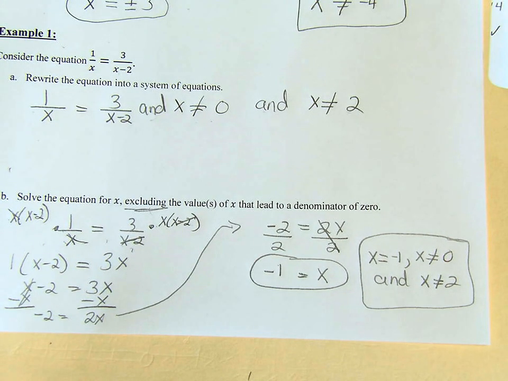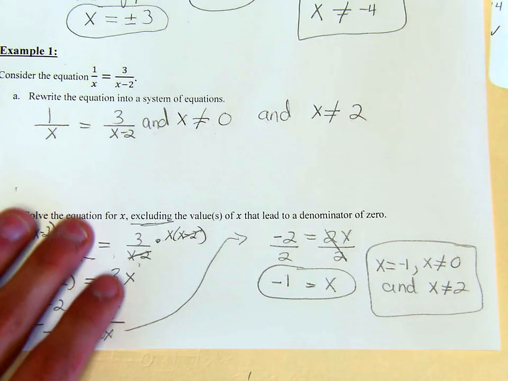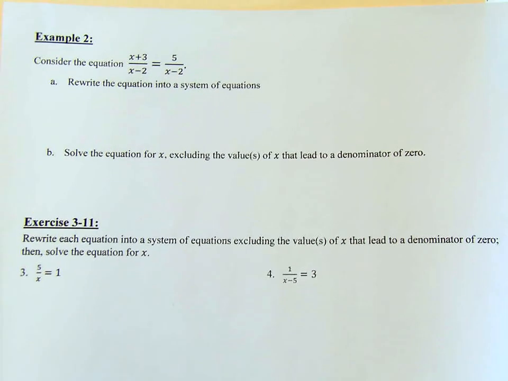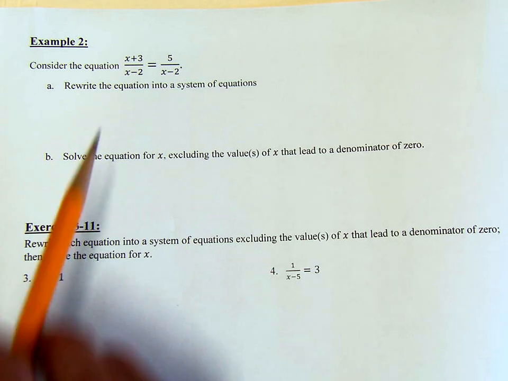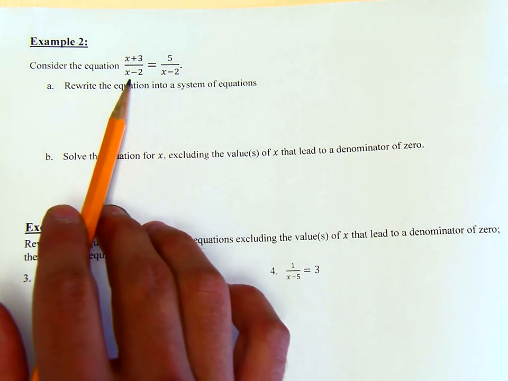Example 2. In example 2, they want us to consider the equation x plus 3 divided by x minus 2 is equal to 5 divided by x minus 2. And if we look at this, they want us to rewrite the equation into a system of equations. So in order to write it as a system of equations, we have to look at the denominator.